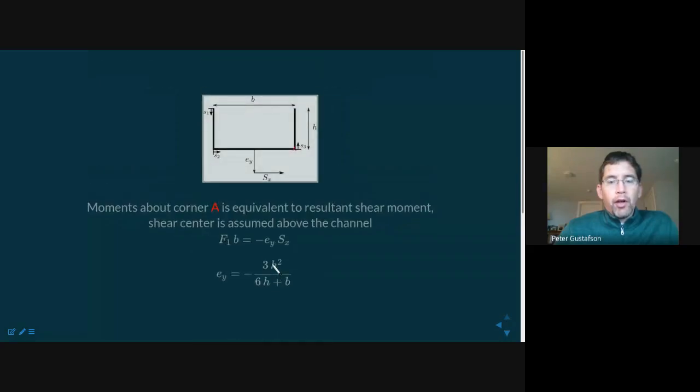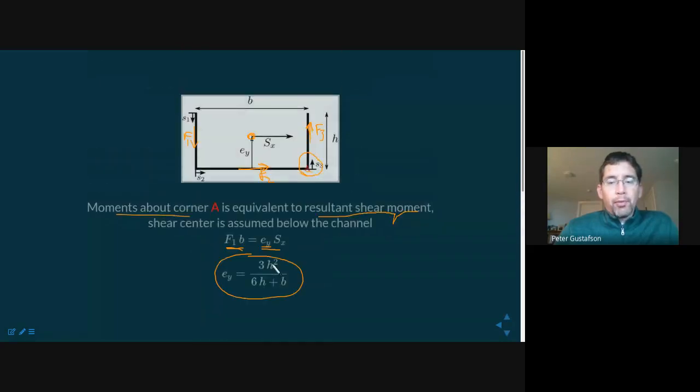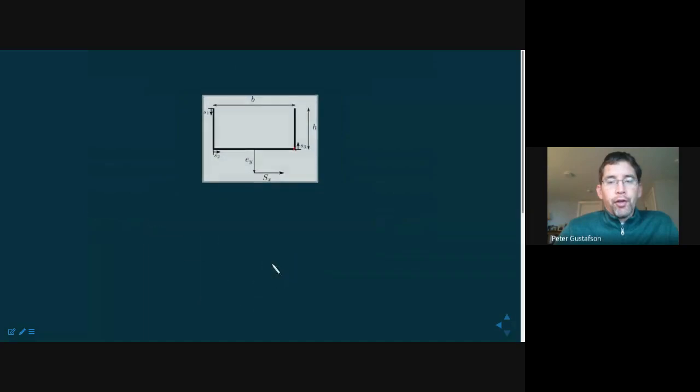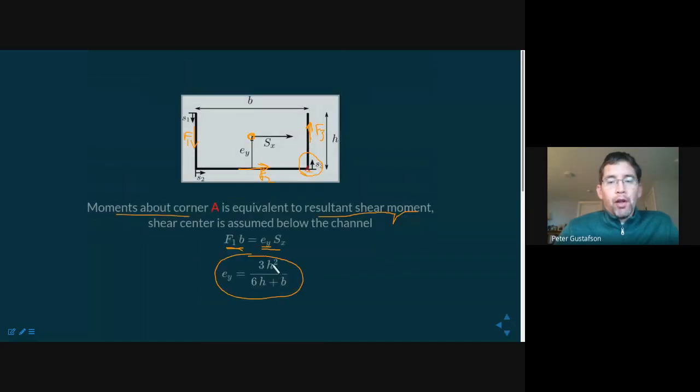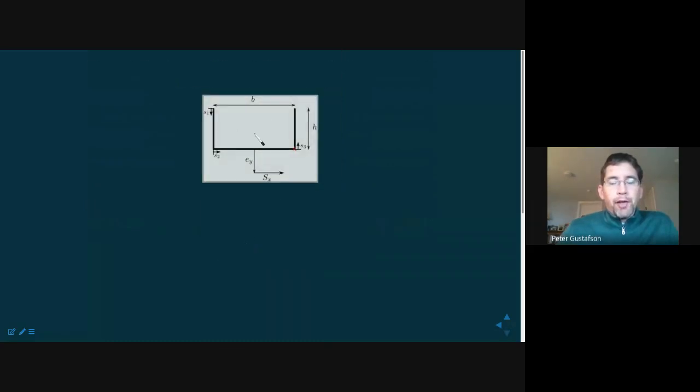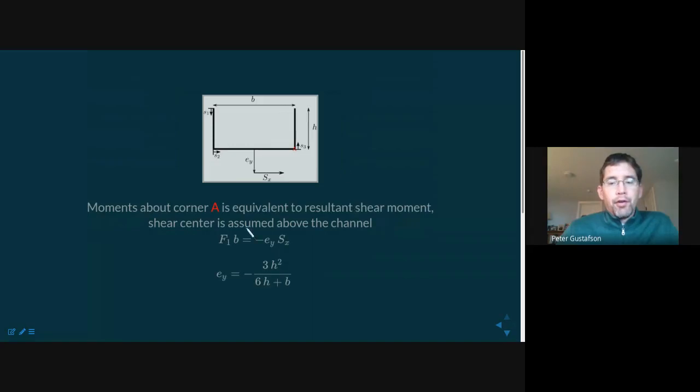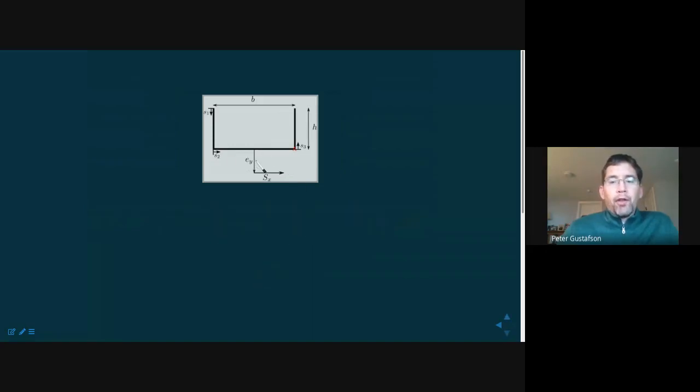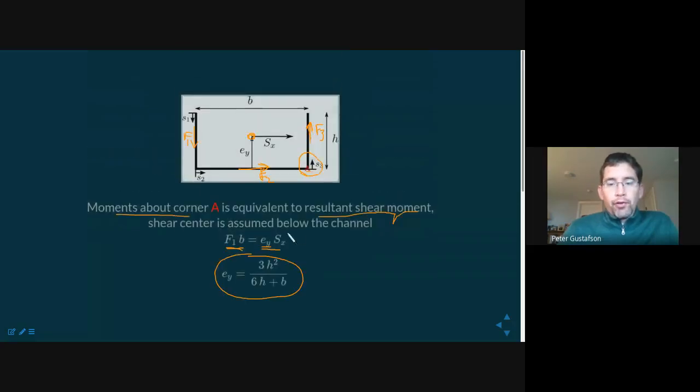So I kind of did this a little bit prematurely here. This one, we assumed it to be below the channel. I've got these images mixed up now. So this one should have been below. This one should have been above. See, this one's assumed above. I drew it below. This one's assumed below, but I drew it above.